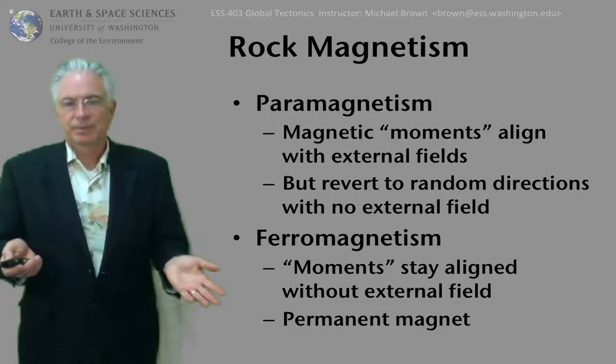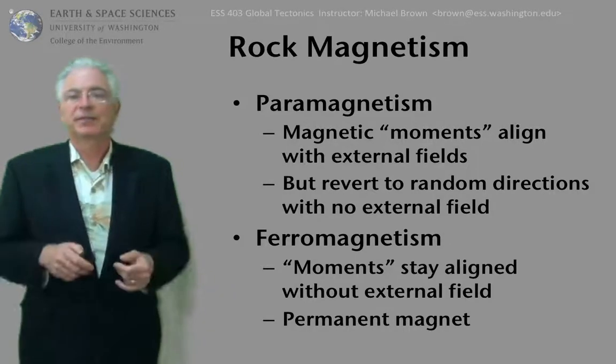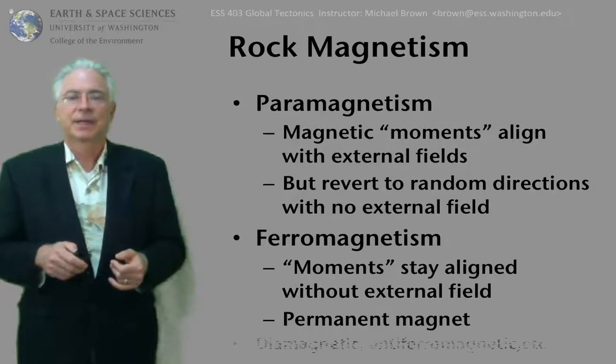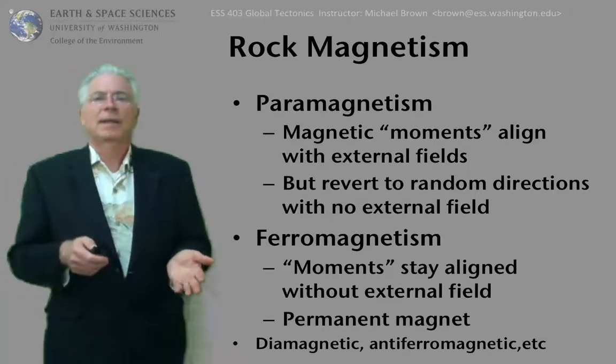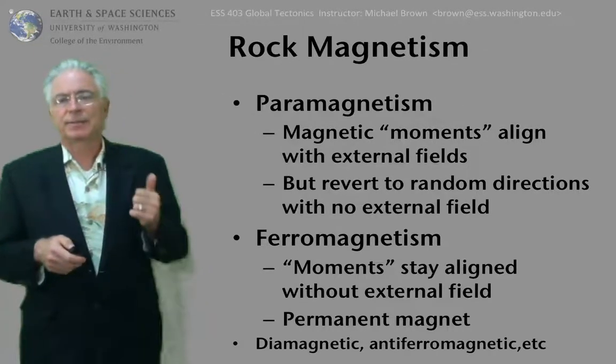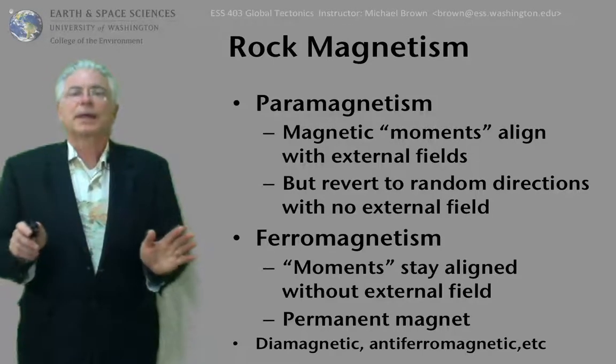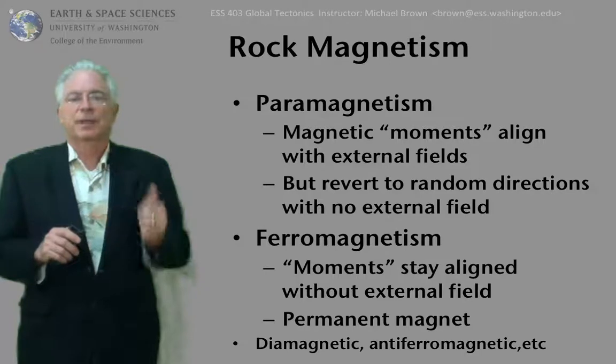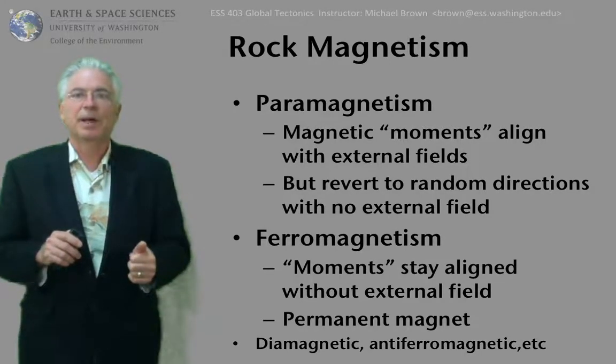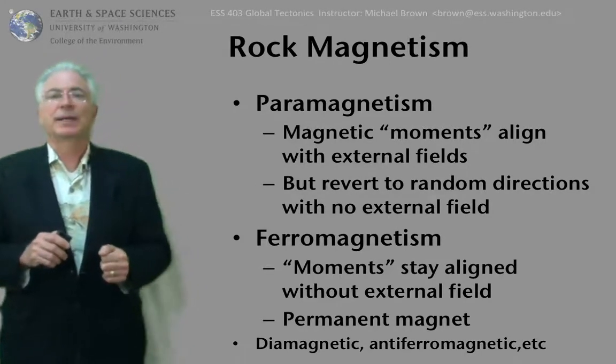Of course, permanent magnets need to be ferromagnetic. There are additional rock magnetic behaviors, diamagnetism and antiferromagnetism and so forth. We'll not consider those for the moment, and I want you to simply keep in mind what paramagnetism and ferromagnetism are.